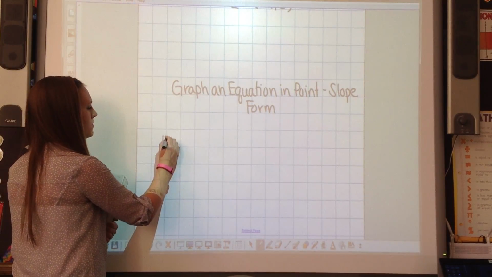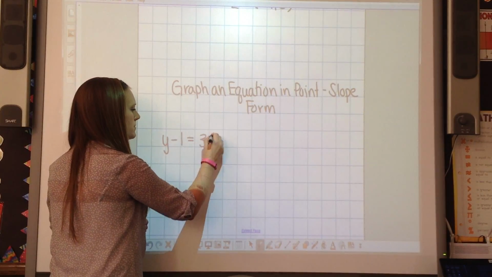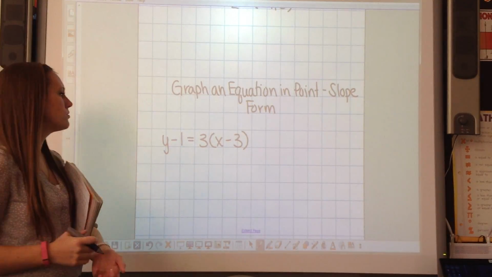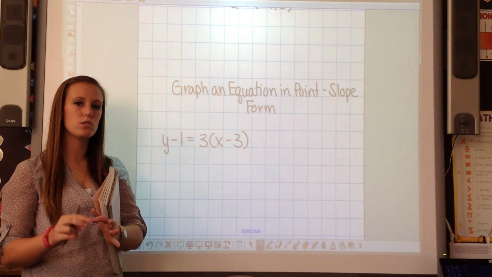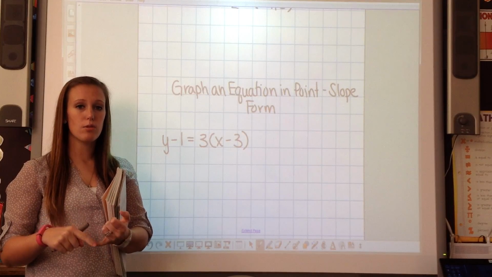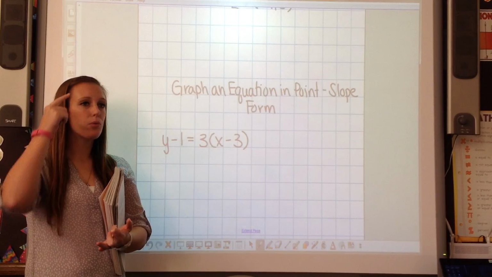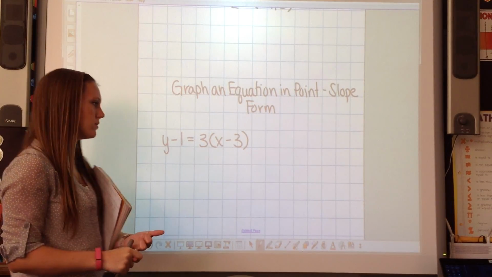So let's say they give you y minus 1 equals 3 times the quantity x minus 3. You need to pull out information in order to graph. So really you need two bits of information to graph an equation. You need an original ordered pair, and you need a slope. Think about what point-slope form gives you. They give you an ordered pair, and they give you a slope.